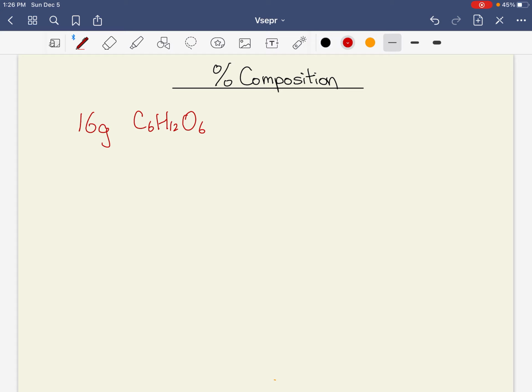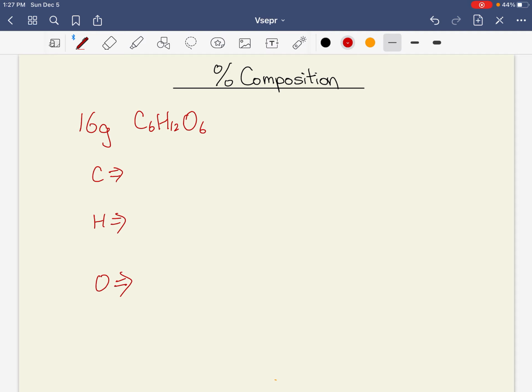But let's say I have 16 grams of that. Out of 16 grams, I want to know how much belongs to carbon, how much belongs to hydrogen, and how much belongs to oxygen. So to do this, you need to find the percent composition of C, H, and O. We know how to do that. We just did 2 examples of these.